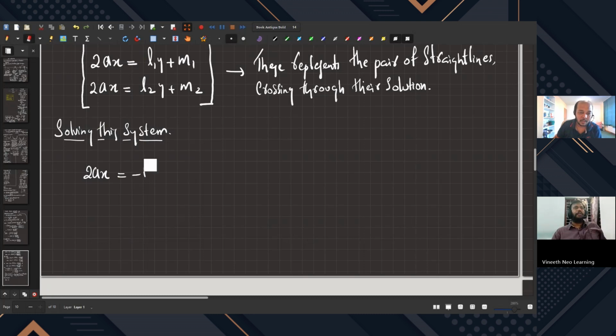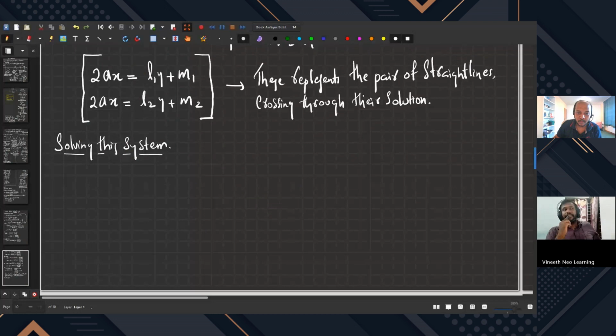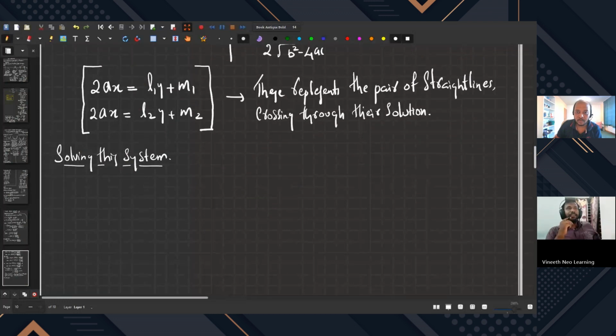Here y is equal to y0, so we can just put the values there. 2ax will become negative b into 2bd minus 4ae over 2 times b square minus 4ac, minus negative of negative b, which will become positive. So negative b into that will be 2bd square.